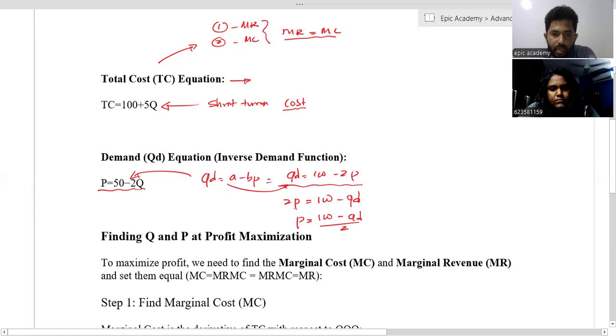Because the combination between P and 2 is multiplication, if I change the side, it becomes something like that. 100 divided by 2 is 50. QD divided by 2.